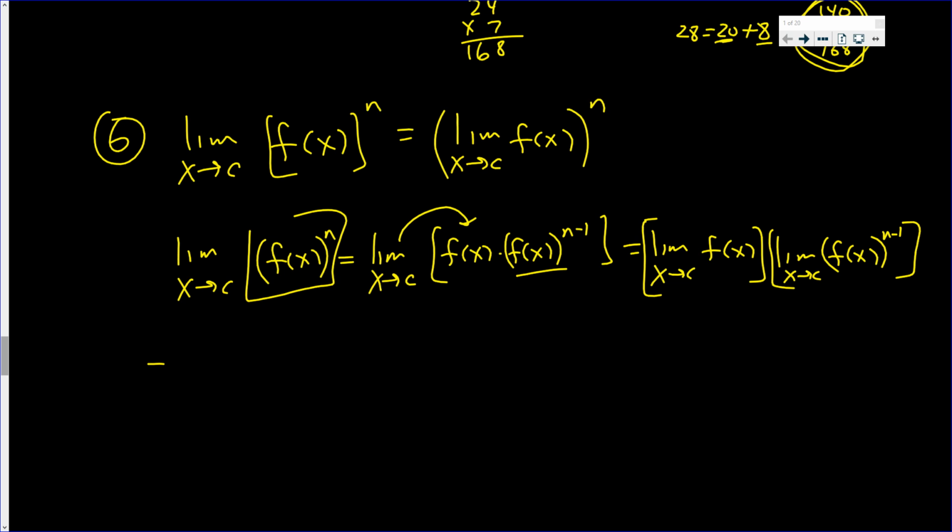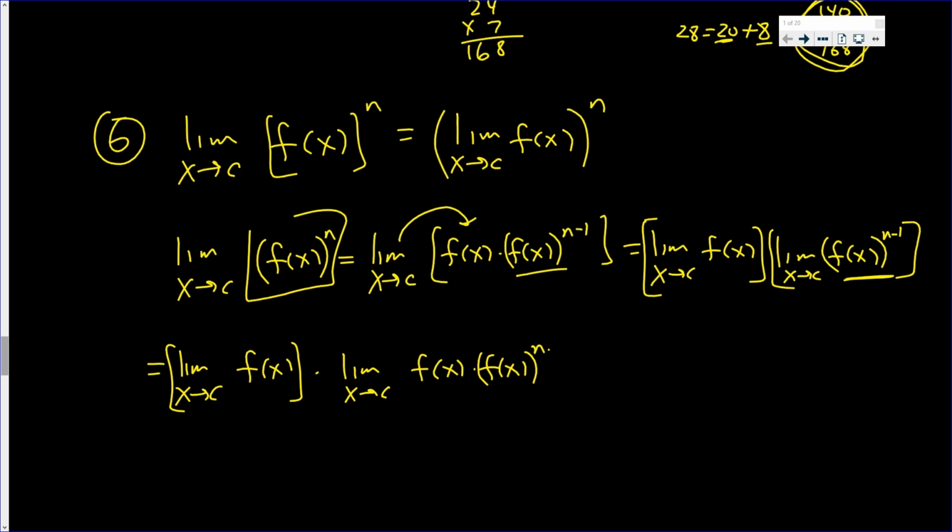Okay, so I'm going to write down the first limit. The limit as x goes to c of f of x. And now for the second limit, I'm just going to change the way I write the function. F of x to the n minus 1 is f of x times f of x to the n minus 2. And then I still have this first function at the far left times a limit of a product.